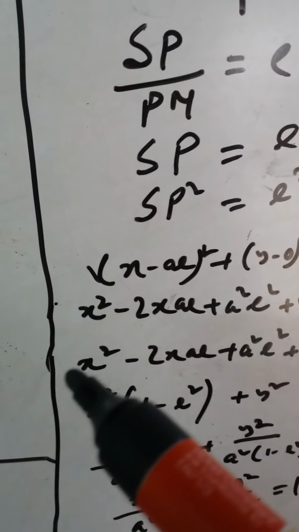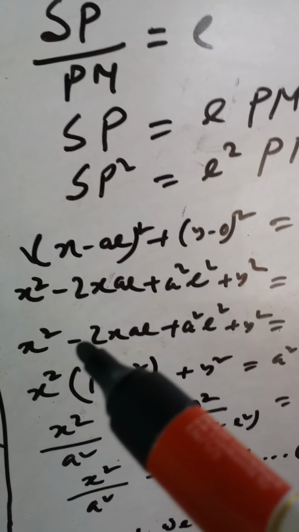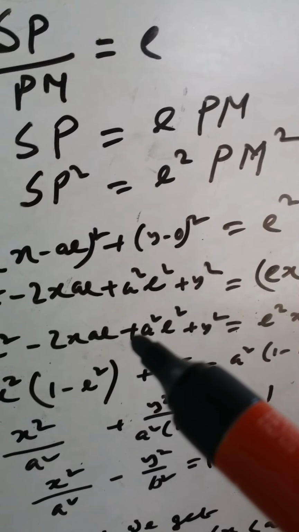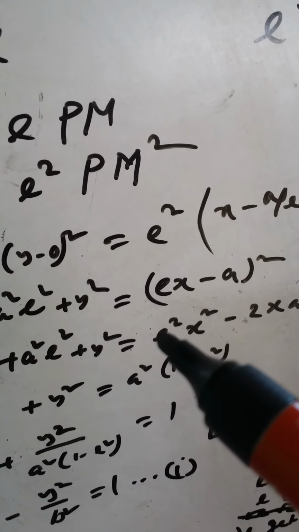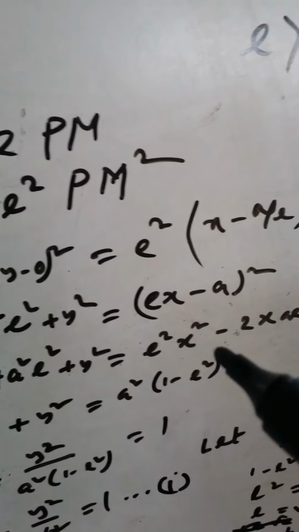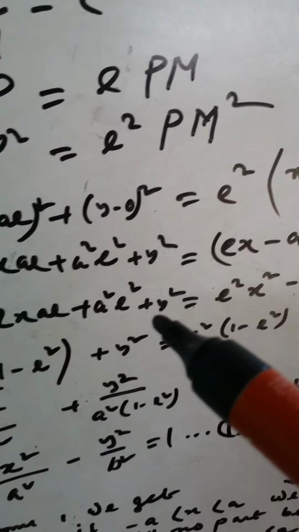whole square. From this we get x square minus 2xAE plus A square E square plus y square equal to E square x square minus 2xAE plus A square.